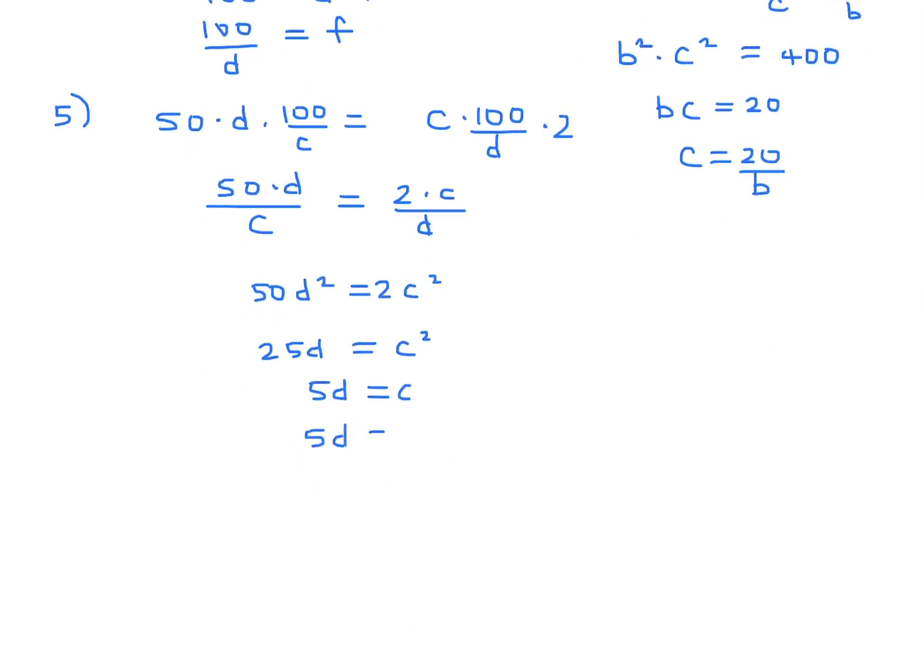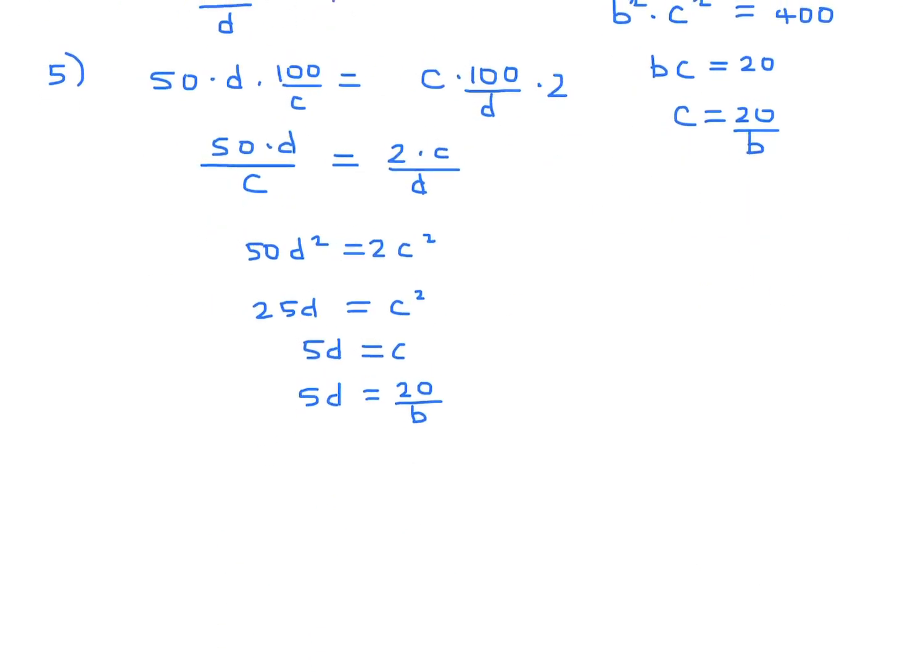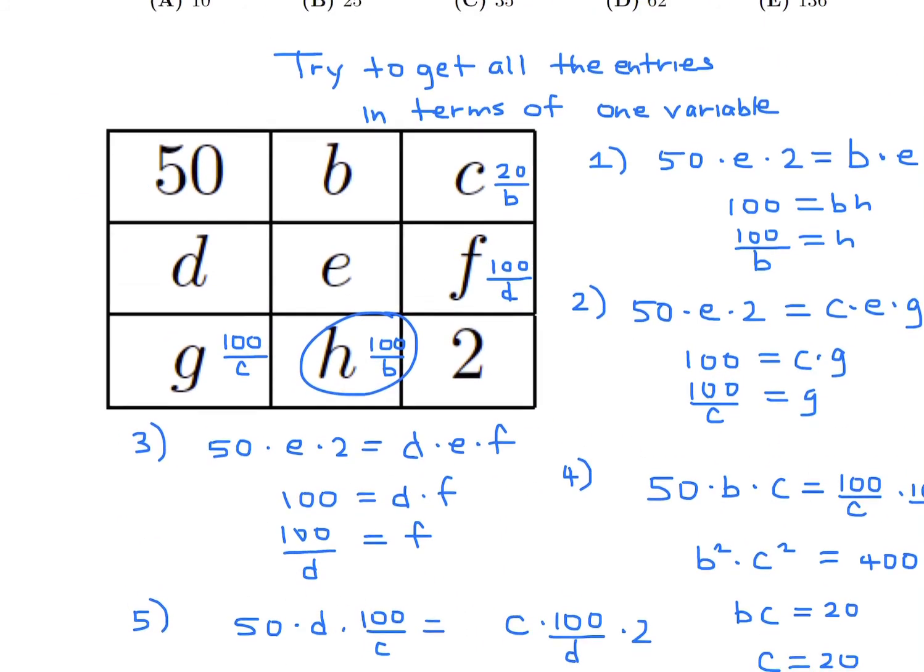So 5d, instead of c, I'll put 20 over b. Right, it was 20 over b, correct. So this case basically gives me d is equal to 4 over b. So d is equal to 4 over b.